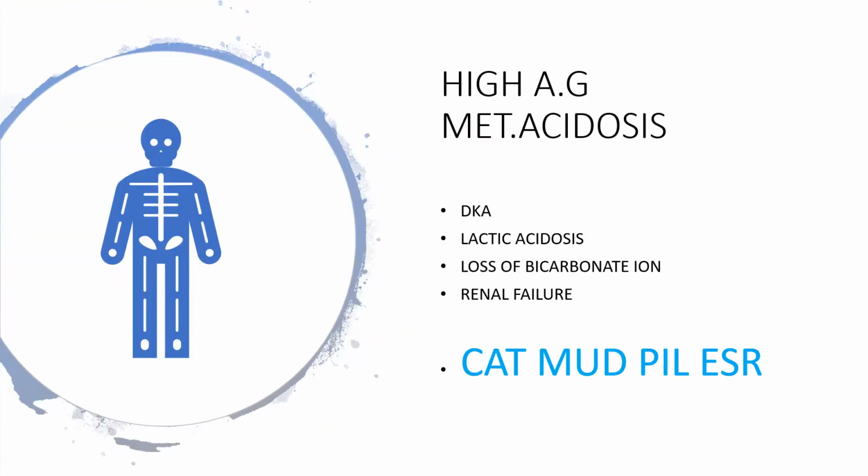In the case of high anion gap metabolic acidosis, it means after the mathematical expression, the result is greater than 12 millimoles per liter, because I will stick to the normal range of 4 to 12 millimoles per liter. So anything greater than that is high anion gap metabolic acidosis. And then we should be looking out for DKA, diabetic ketoacidosis, lactic acidosis, loss of bicarbonate ion, or renal failure.